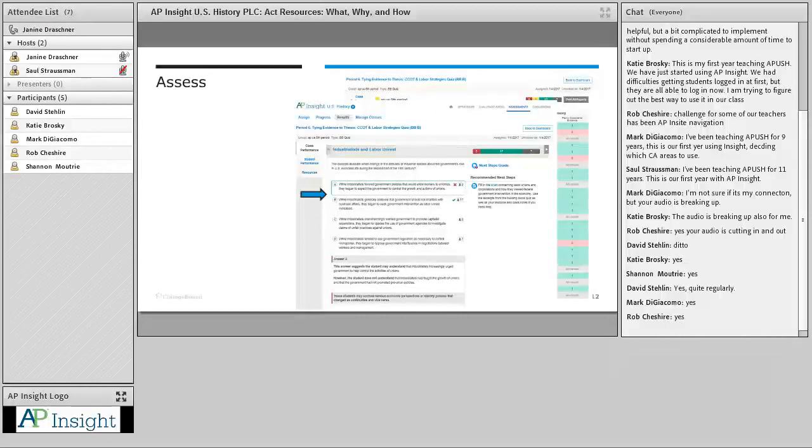So had we clicked on the A back there, this would have shown that two of these students selected that answer, A, which was incorrect. But why was it incorrect? What does it suggest about what they understood or knew, or didn't understand and didn't know?